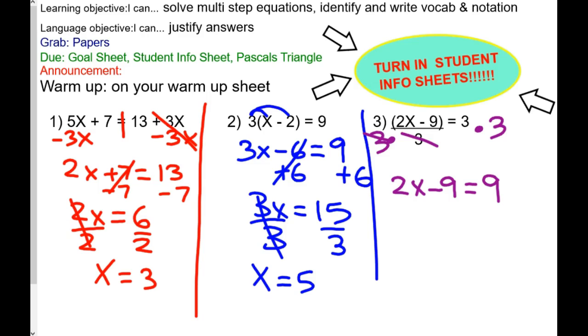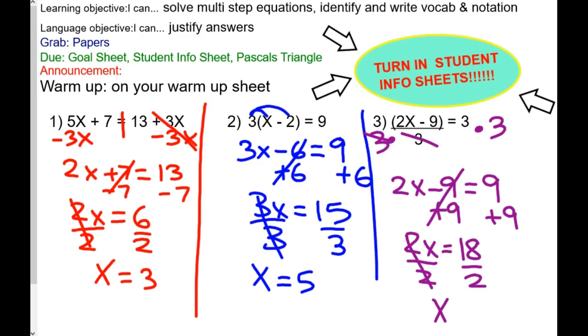So once again, I have a two-step problem. I need to get rid of the loner first, the minus 9, by doing what? Plus 9 to both sides, plus 9, plus 9. Cancel that out. 2x equals, what's 9 plus 9? 18. And then, to get rid of that 2, we divide. So x equals 9.